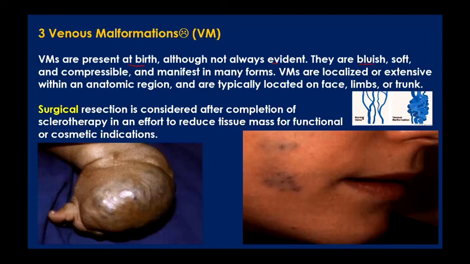This is normal vein, and this is venous malformation here. It is compressible: when we press on it, it empties, and then the blood supply returns. It can be localized or extensive within an anatomic region, and is typically located on the face, limb, or trunk.